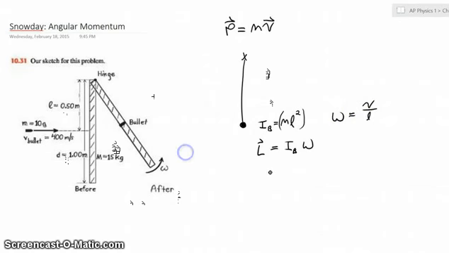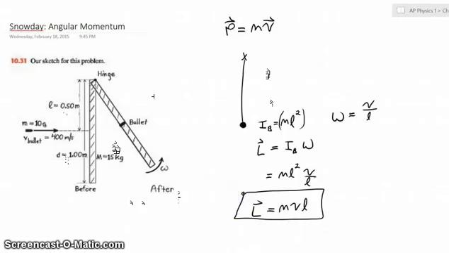And so if we put this together, we'll get mL squared and then v over L. And simplifying that, we get an expression that we'll use pretty frequently, which is the angular momentum of a point mass, which could be expressed as mvL. And so that is the angular momentum of the bullet just before it embeds itself in the door.